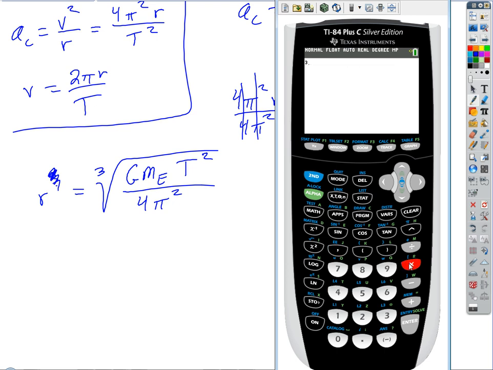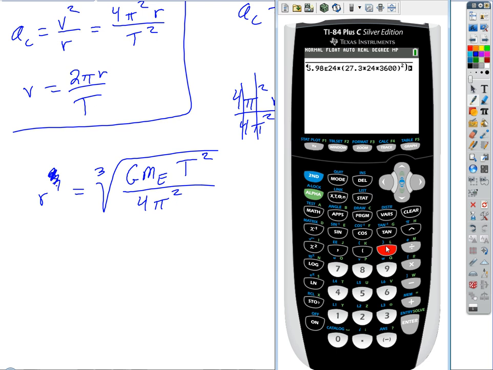Times t, which was the quantity 27.3 days, so times 24 to get to hours, times 3,600 to get to seconds. And we're going to square that whole thing, and then close the numerator.